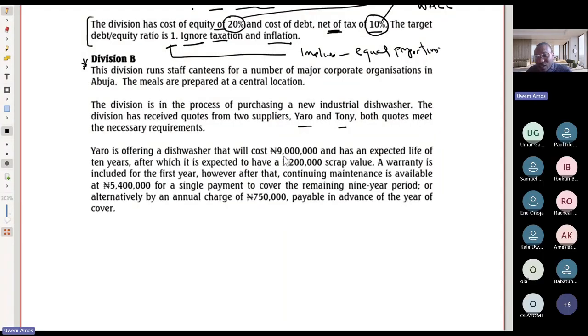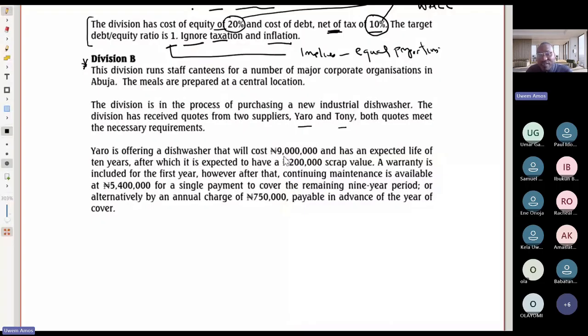However, after you make that first payment, continuing maintenance is available at 5,400 for a single payment to cover the remaining 9 years, or alternatively by an annual charge of 750 payable in advance of the year of cover. That's okay, in advance of the year of cover.